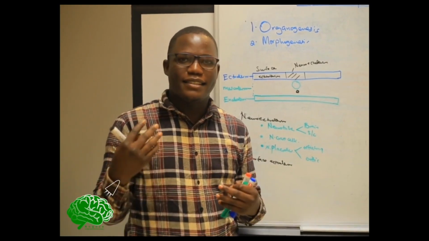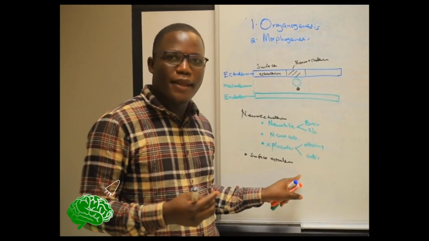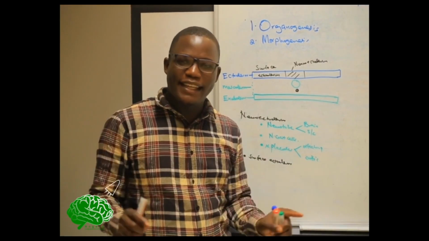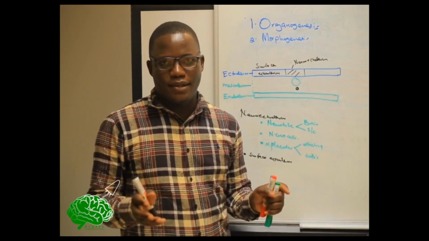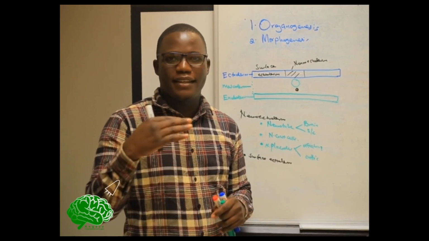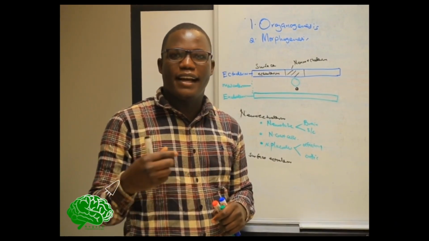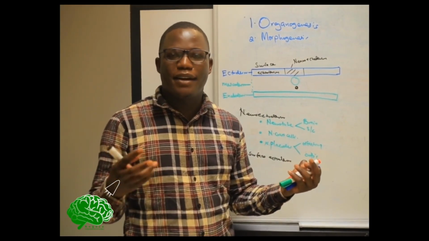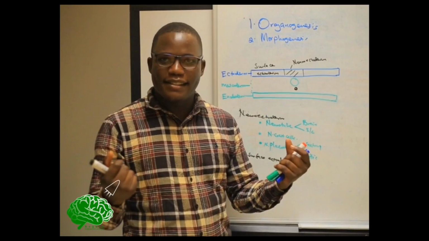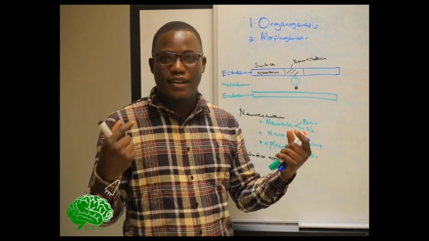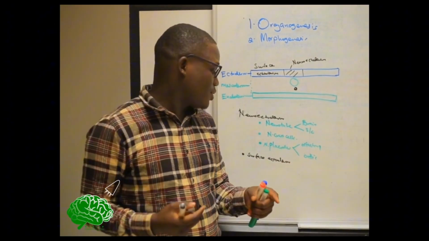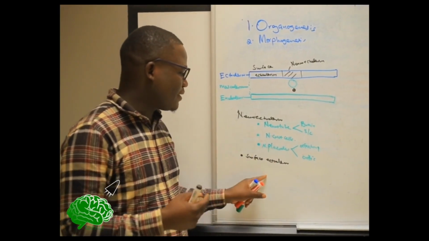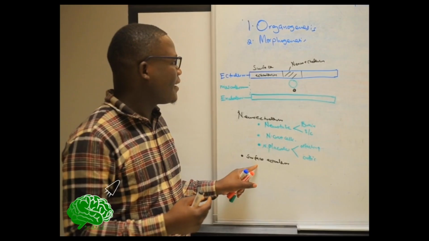Another structure developed from the surface ectoderm will be the epithelial lining of the orifices of the body, the distal epithelium of the anal canal. We shall talk about the epithelium that lines the buccal cavity, and then the nasal cavity, and some other special senses like the ears and the nose arising from the surface ectoderm.